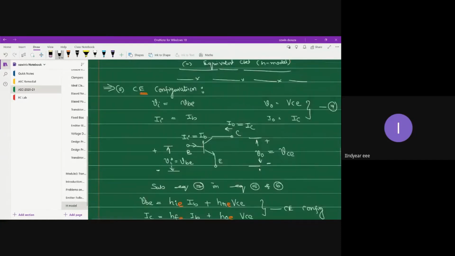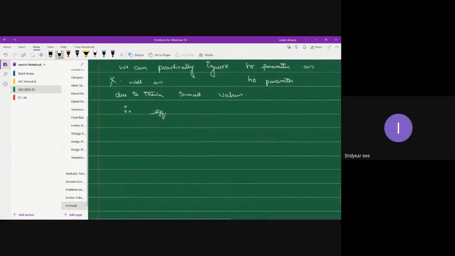So equations 5 and 6 become Vi is equal to Hi into Ii, and Io is equal to HF into Ii.